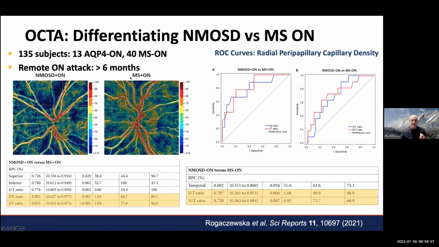So nothing that is pointing to an acute help in making a diagnosis. And at 6 months, you'd best be doing the serology to differentiate these two entities.